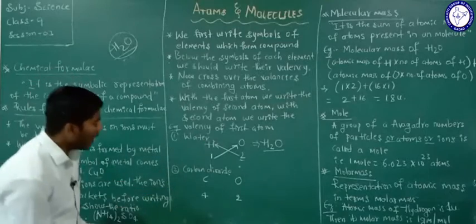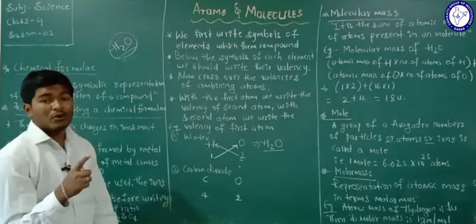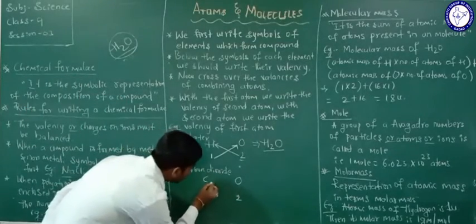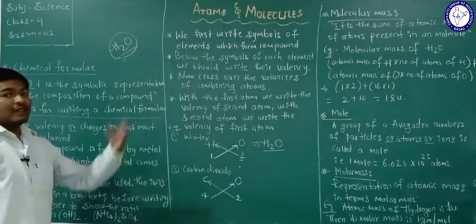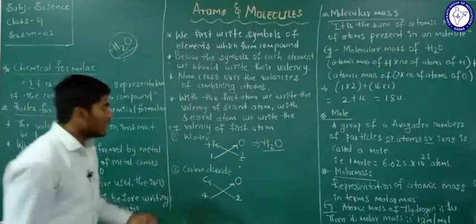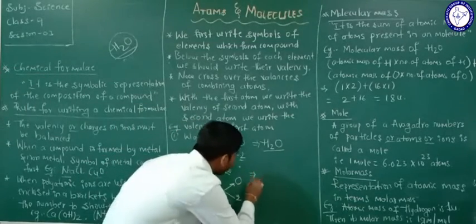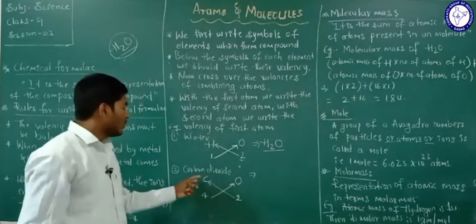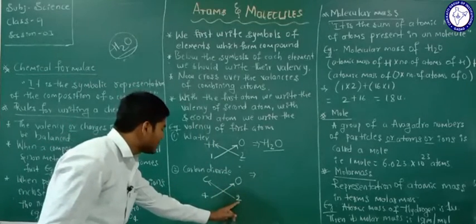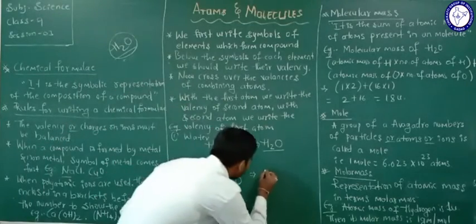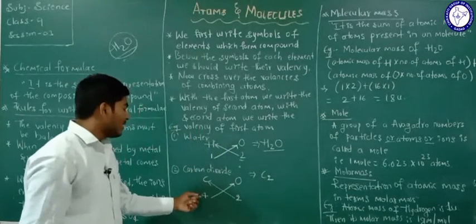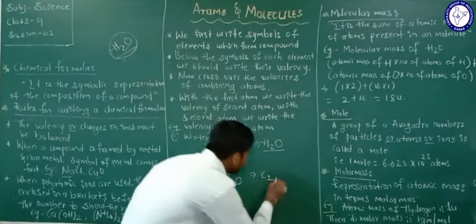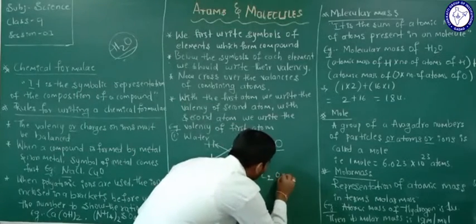Now we have to cross the valencies of the atoms, isn't it? So the last step is to write the valency of the second atom with the first atom, that is C2, and we have to write the valency of the first atom with the second atom, C2O4.